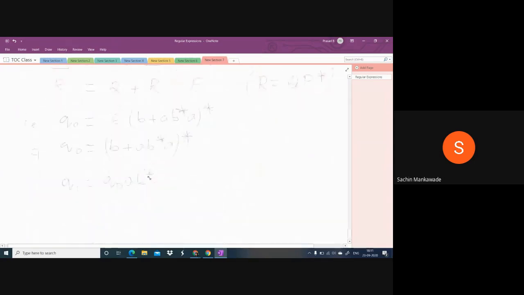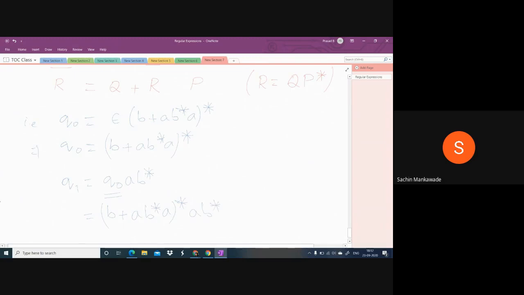Q1 equal to Q naught AB star. So what is Q naught here? Just now we got it here, this one. So substitute that. Q naught is B plus AB star A whole star, that is Q naught followed by AB star.